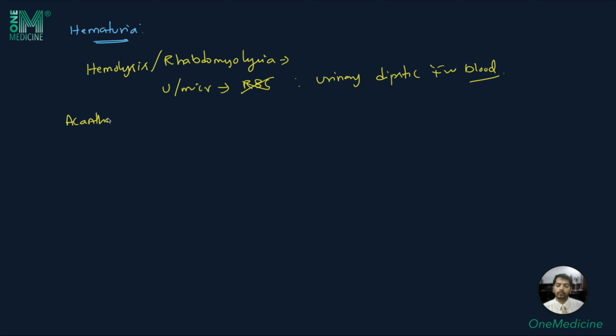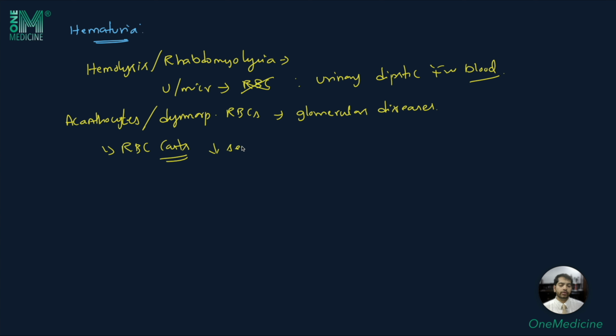Acanthocytes or dysmorphic RBCs are usually seen in cases with glomerular diseases. These patients may also have RBC casts, but they have lesser sensitivity compared to acanthocytes. Let's look at the evaluation of hematuria.